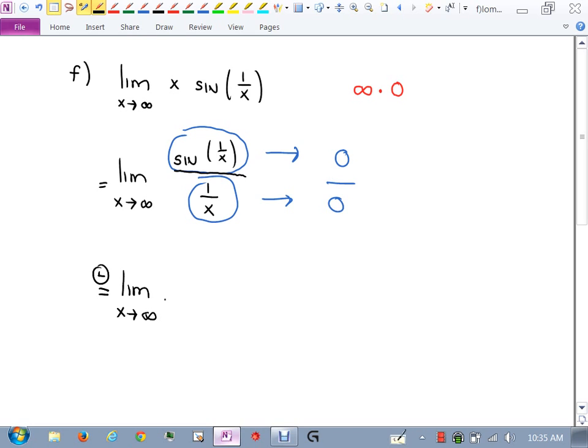Are you working on chain rule? Okay, let me show you. If I were doing 1 over x, I'd rewrite it as x to the negative 1, and then I'd do the derivative of this, which is power rule.